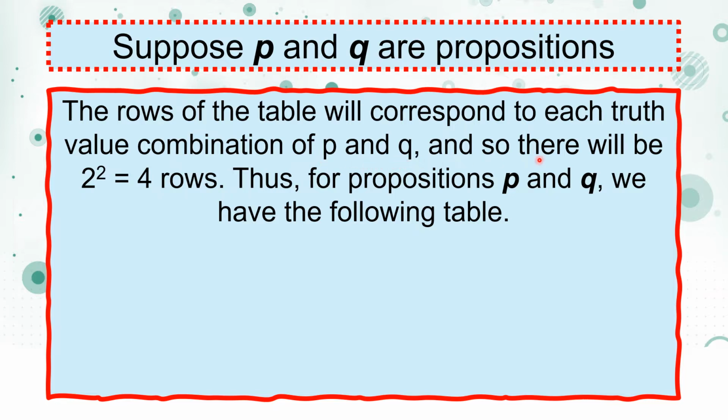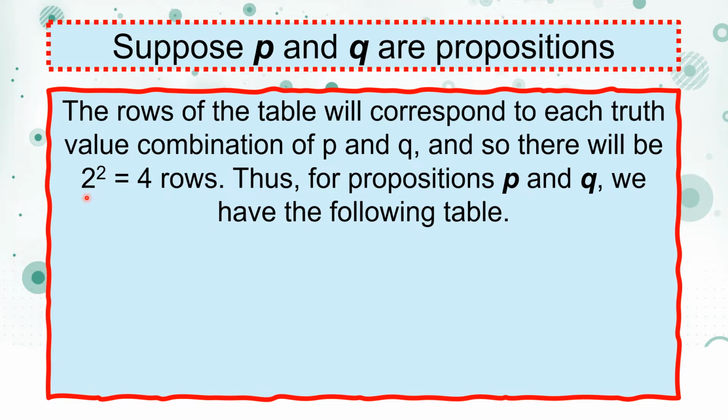And so, there will be 2 raised to 2 equals 4 rows. Where the base, which is 2, is the number of possible truth values. And the truth value of any proposition is either true or false.